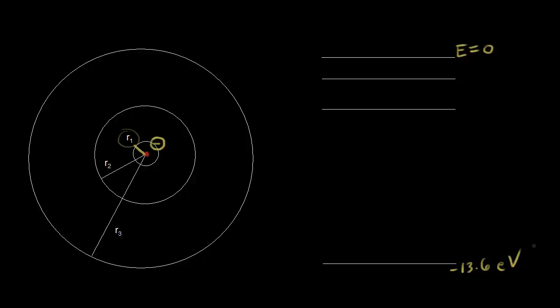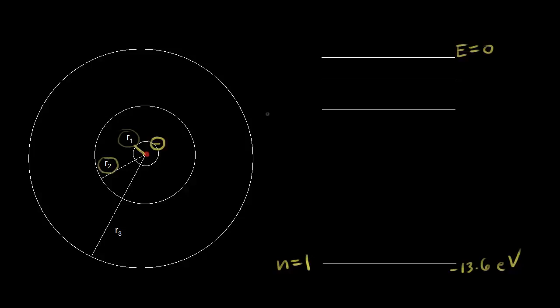None of this is drawn perfectly to scale, but this is just to give you an idea about what's happening. So this is when n is equal to 1. The electron is at a distance r1 away from the nucleus. We're talking about the first energy level, and there's an energy of negative 13.6 electron volts associated with that electron. All right, let's say the electron was located a distance r2 from the nucleus.